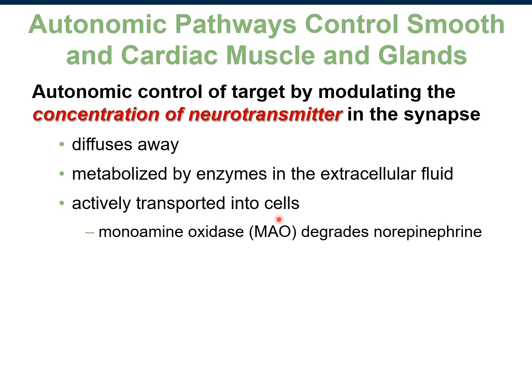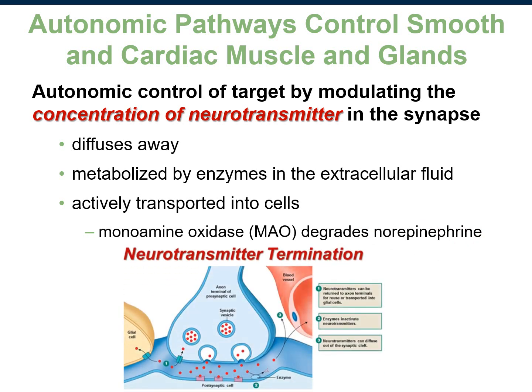It is also enzymatically inactivated by monoamine oxidase. And so MAO inhibitors end up leading to an increase in norepinephrine in the synapse, because when you increase it intracellularly, it slows down the uptake. And so there's more norepinephrine extracellularly. But it's the same story. That's the key. That's why I want you to learn this so well.